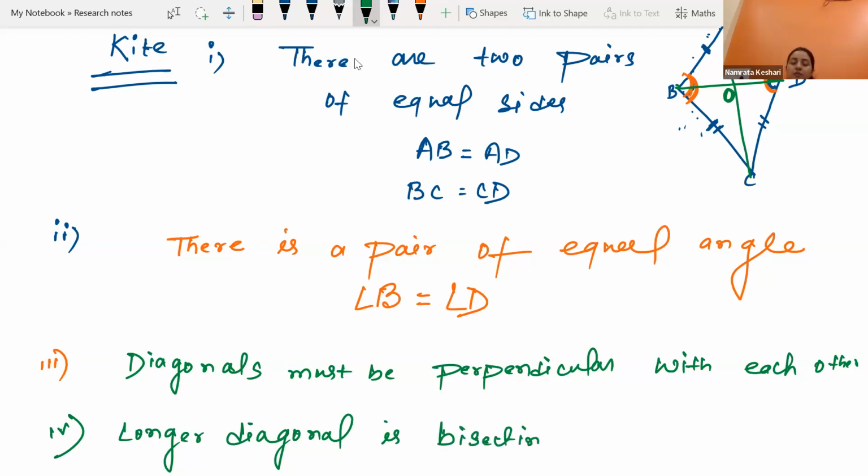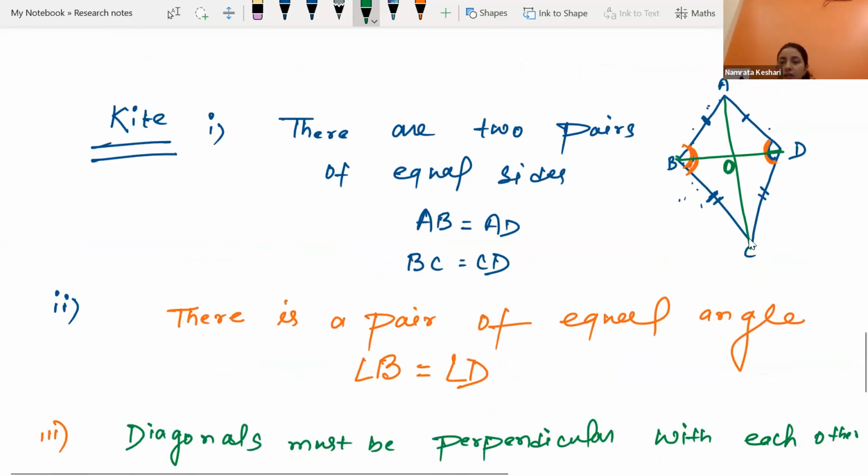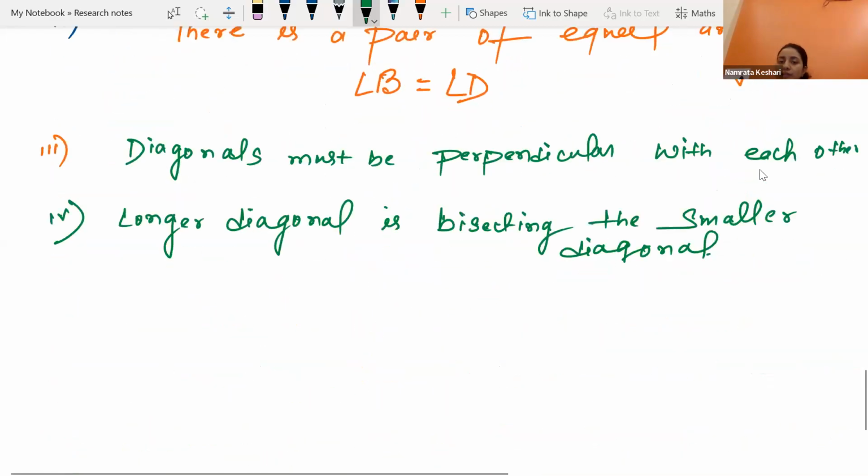The longer diagonal is bisecting the smaller diagonal. Here I am writing the names also. You must draw the figure beside the properties so that whenever you want, you can recall just by looking. The longer diagonal is bisecting the smaller diagonal. We can see the smaller diagonal is BD and it is getting divided in two equal parts. BO is equal to OD.